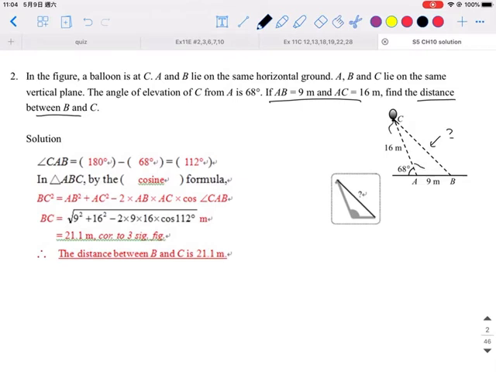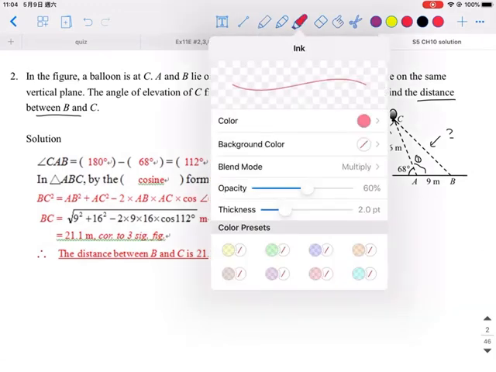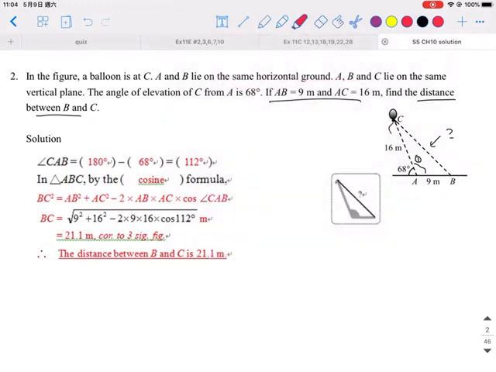First of all, I know this angle according to the angles on a straight line, and we can consider the triangle ABC. We can notice this is a SAS format, so I can find BC by the cosine formula.